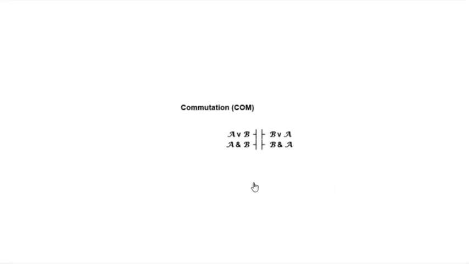Commutation is kind of a relief to come by because a lot of you have always been sort of frustrated by the fact that we couldn't do this already. Very similar to math with addition and multiplication. In this case, A or B is logically equivalent to B or A, and A and B is logically equivalent to B and A. So you can substitute rearranged versions of these formulas now.